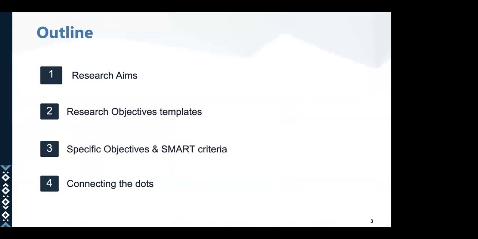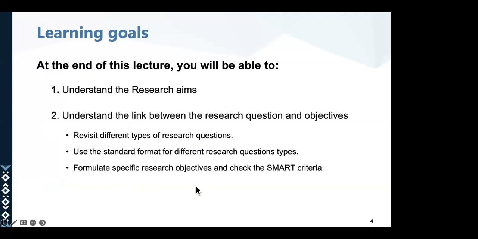So this is the outline I will propose to you. We will start by looking at research aims, then research objectives templates. Then we look at the specific objectives and we understand the SMART criteria before connecting the dots.